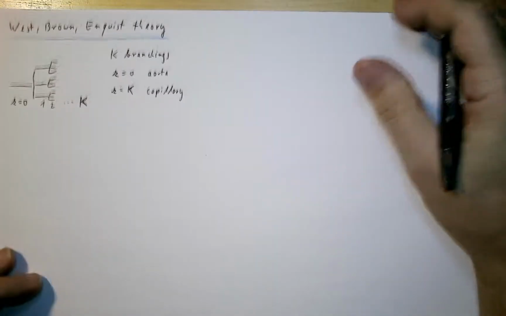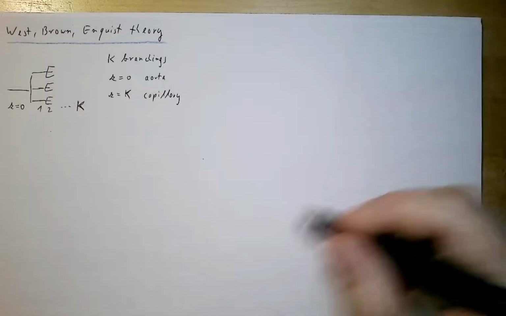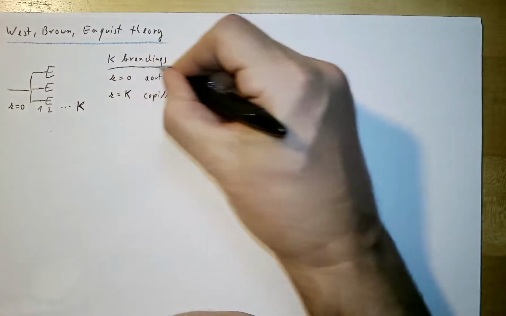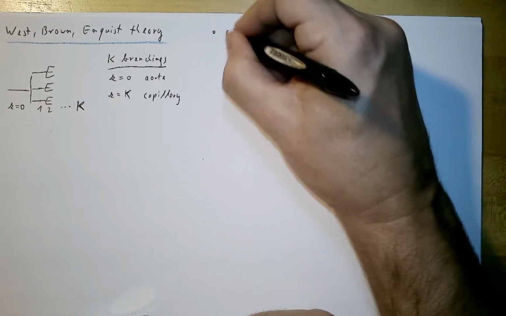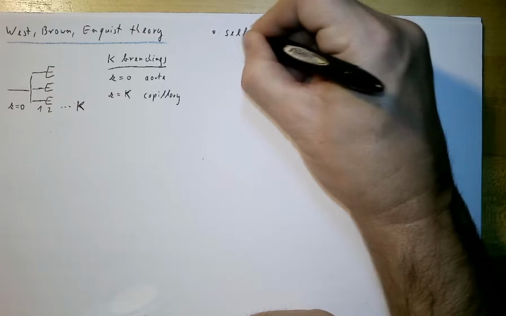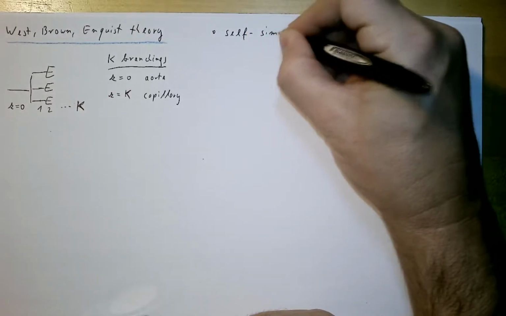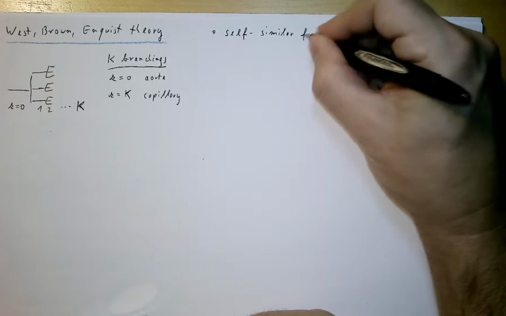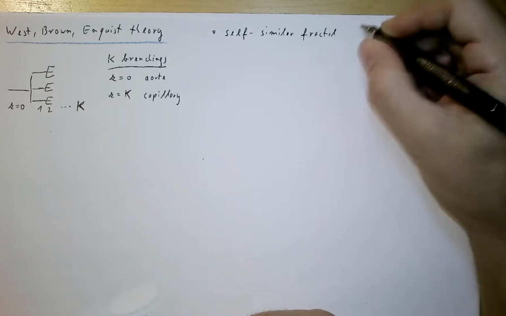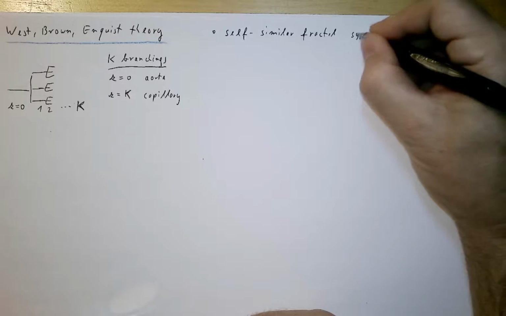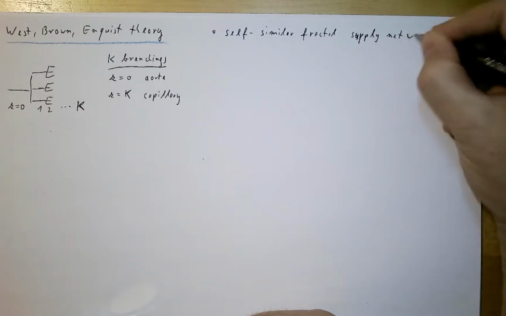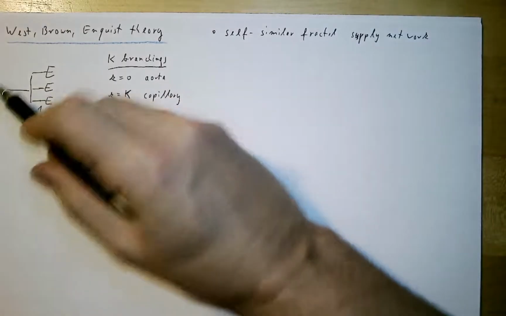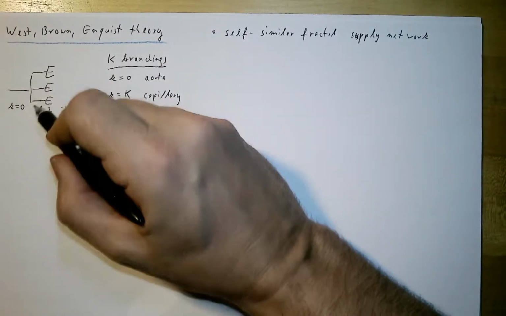Yeah, and that's maybe to repeat the fundamental idea. So we have a fractal, self-similar fractal supply network, where we start with a very big vessel, and we have these branchings and go to smaller and smaller vessels.